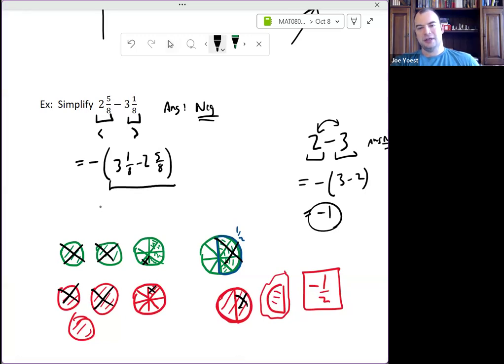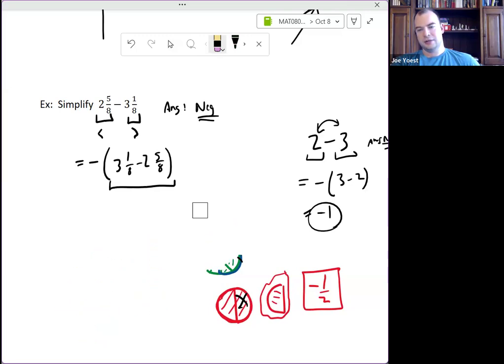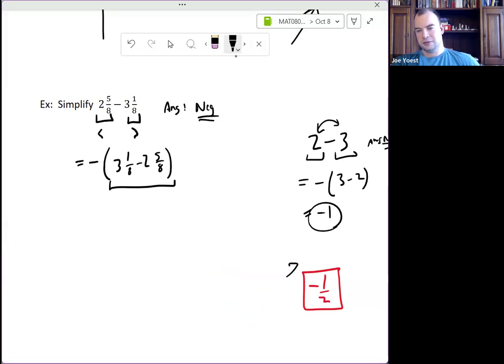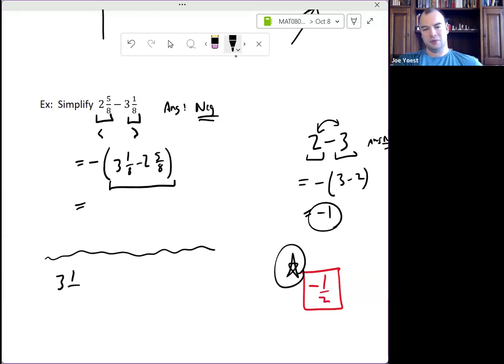But now if I want to simplify this, I can actually do this. So let me get rid of all my circles down here. I think the answer should be negative 1/2. Let's see if we get that. So I have negative. Let me just leave that negative off for the time being. We'll just come down here and figure out what is 3 1/8 minus 2 5/8.